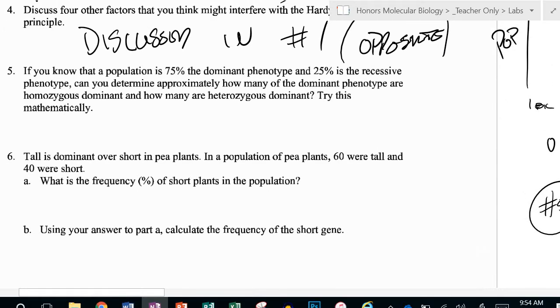It doesn't ask us to calculate how many members of this population. We could potentially if we said there were 1,000 members in this population, but it's not asking us to apply it in that situation. So all we have to do is calculate the percentages, which is actually fairly easy.